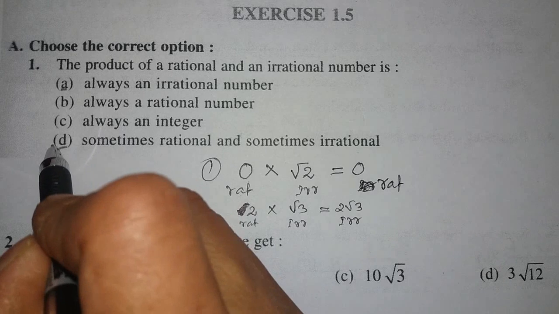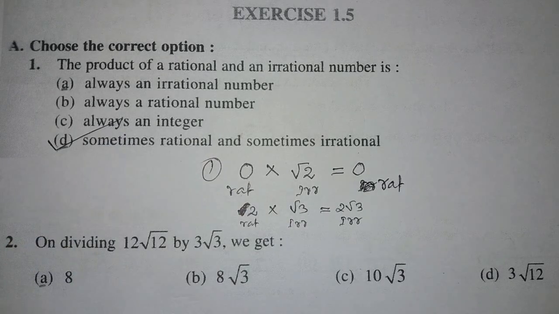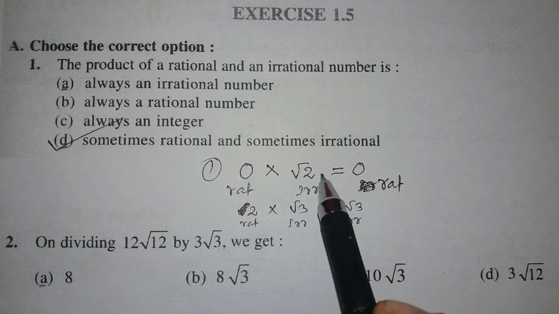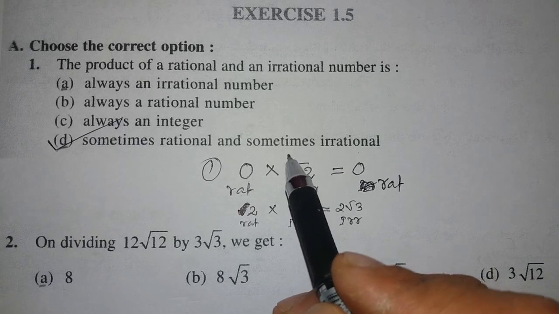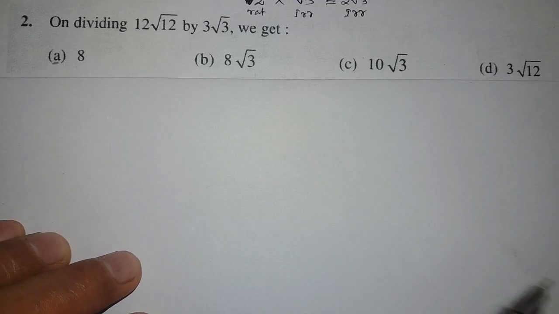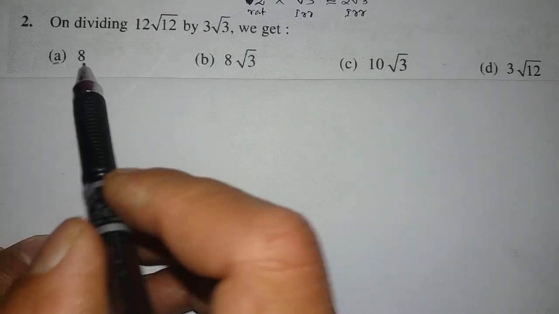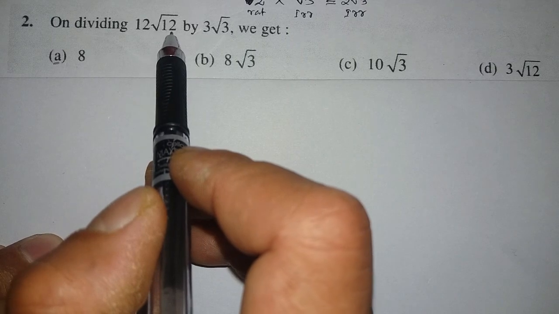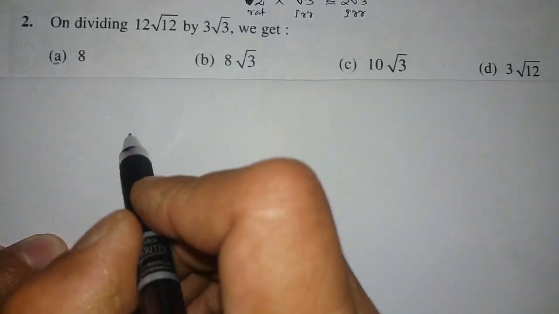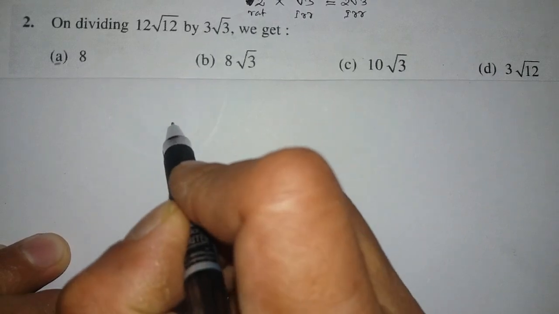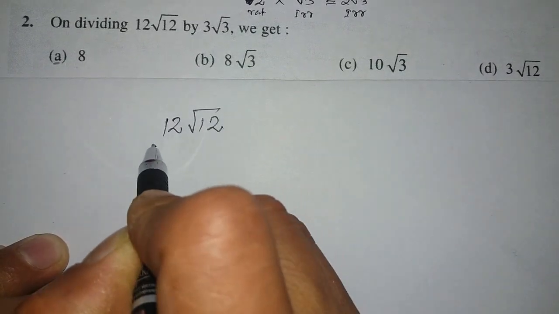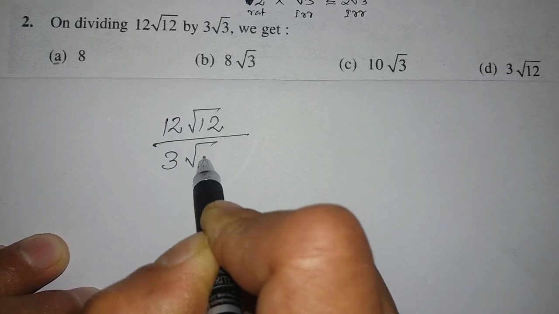So this is the right answer: sometimes rational and sometimes irrational. But in your textbook, backside answer, it is given always irrational number. So that is okay. Now question number 2. On dividing 12 root 12 by 3 root 3, we get, okay, so these are the options. Now here in this case, we're going to divide 12 root 12 by 3 root 3.